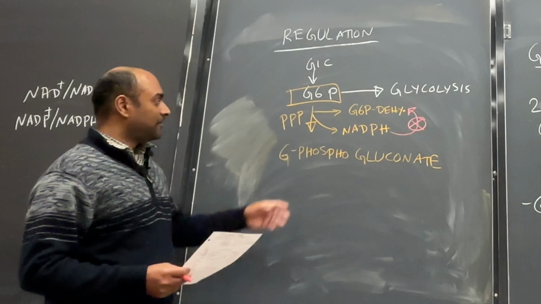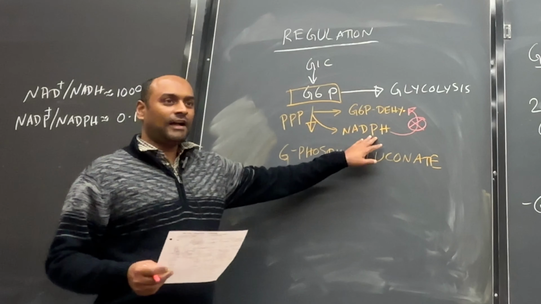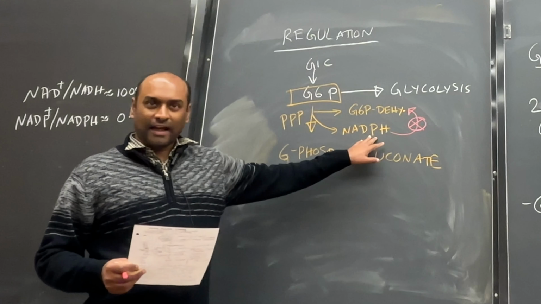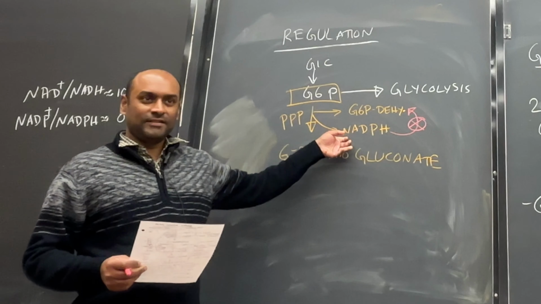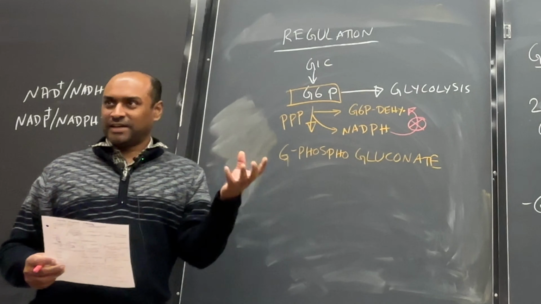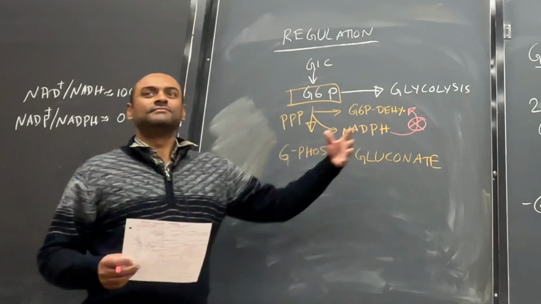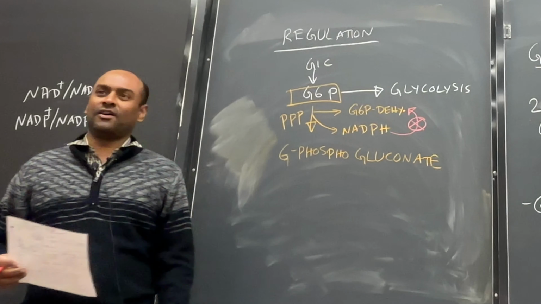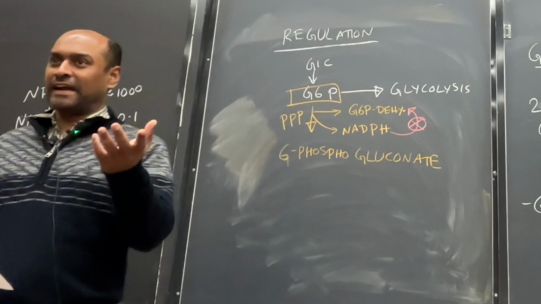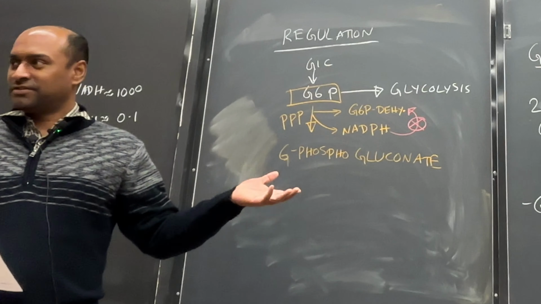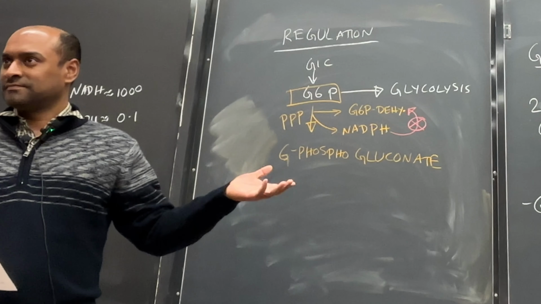So it means that if you are not consuming NADPH at a rate at which it is being made, then there's an excess of NADPH, right? So we are not using NADPH to either maintain redox homeostasis or we are not making fatty acids, for example. Then why make more NADPH? Right?